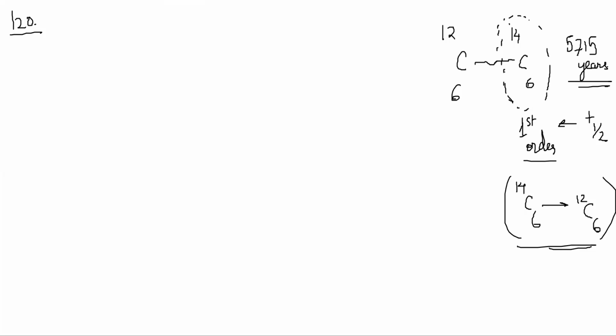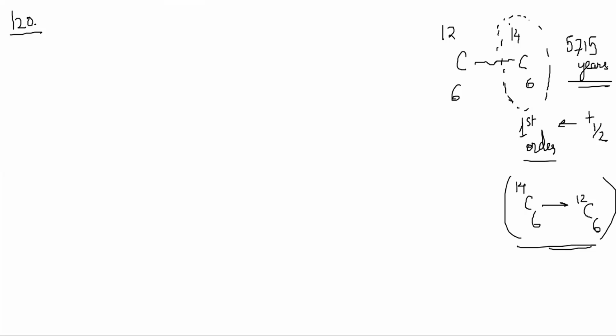When you're alive right now, there will be enough 14C6 in you to have 15.3 nuclear decay events per gram of carbon per minute, right?